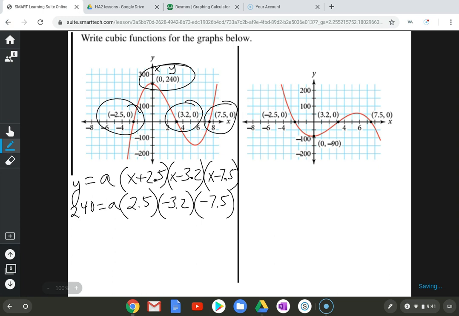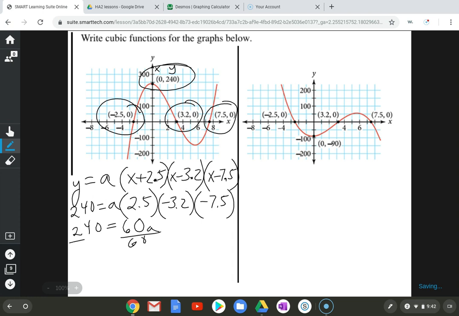If I multiply, I'm going to grab my calculator here. If I multiply those three numbers together, so 2.5 times negative 3.2 times negative 7.5, I end up with positive 60. Isn't that nice? So I get 240 equals 60a.